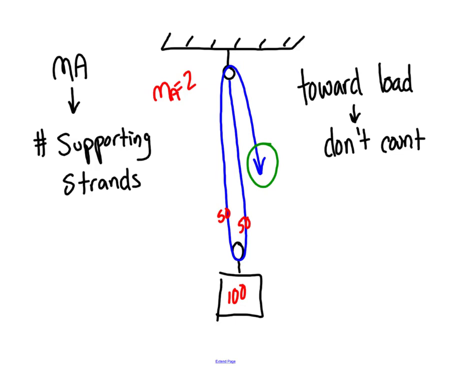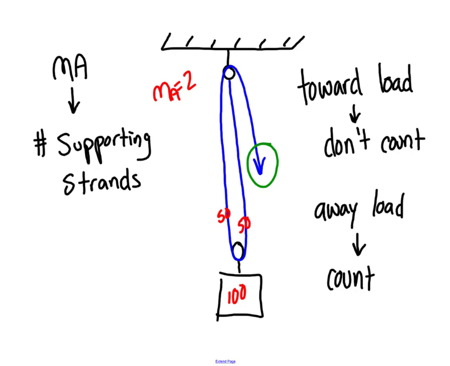And if it's going away from the load, what do you think you do? Yeah, you count it. I'm going to show you two different versions here. So if it's going towards the load, you don't count it. Going away from the load, you do count it. So you're going to count everything else, and then where the arrow is, you're going to make a decision.